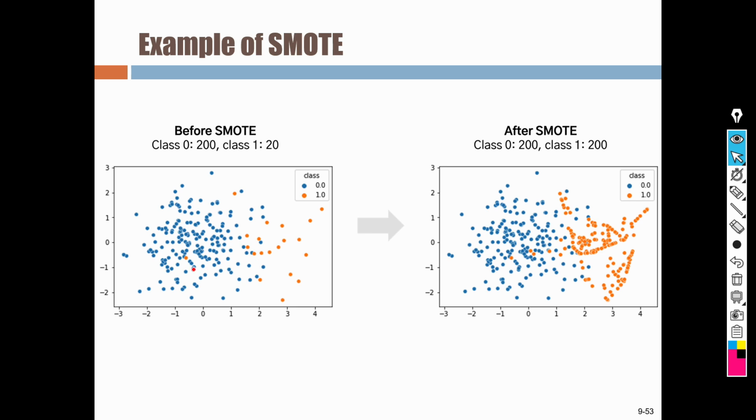So originally, as you can see, most of them are blue data, and the orange data are just a few. But if you use this synthetic minority oversampling technique, you can create a lot of data in between the orange data, and then you created way more. So now you can resolve this imbalanced problem.